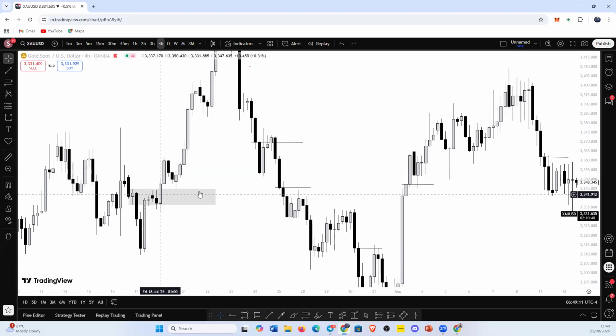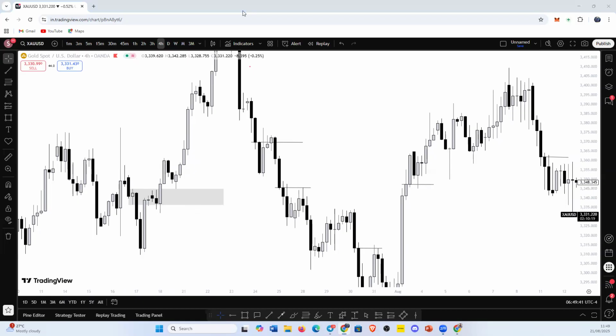But what happened? Price broke it. Price broke it upward. But look at what happened next. They came down back to that particular candle. You see, they left all the whole candle, but that particular candle is what they came back to.